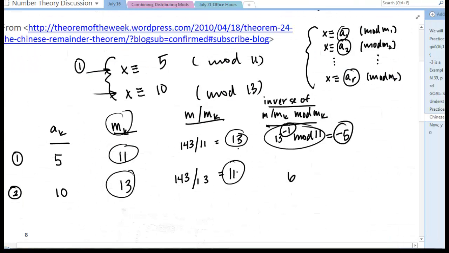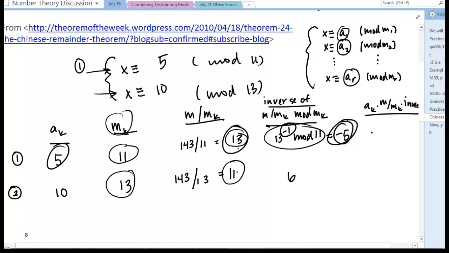But the next thing we're going to do is take our integers, our a sub k's, times m divided by m sub k, times the inverse that we just found. Okay, so we're going to take 5 times 13 times negative 5.